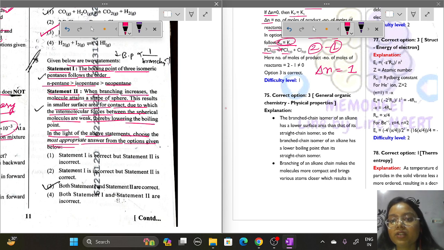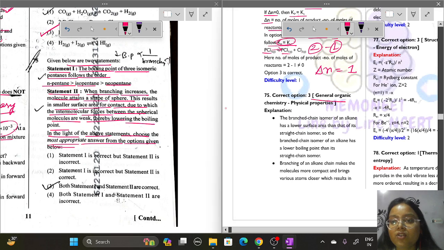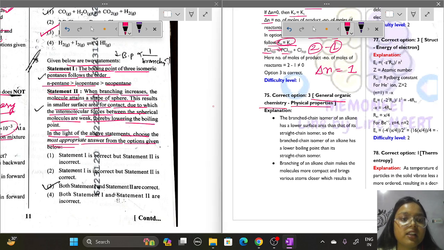So this question is from general organic chemistry, from physical properties. The boiling points of three isomeric pentanes are given. Now, the branched chain isomer of an alkane has a lower surface area than that of the straight chain isomer. So the branched chain isomer has a lower boiling point than its straight chain isomer.